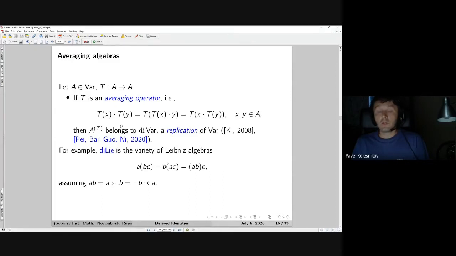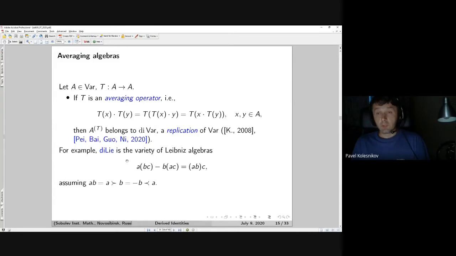There are no other identities apart from those obtained by the so-called replication procedure. The procedure was described in my paper many years ago, but the name of the procedure was proposed by Pei, Bai, Gu, and Ni. So I use the term from their recent paper.